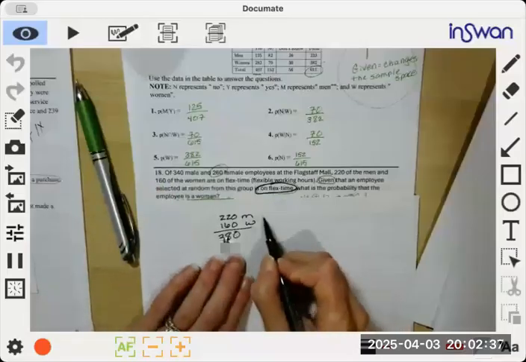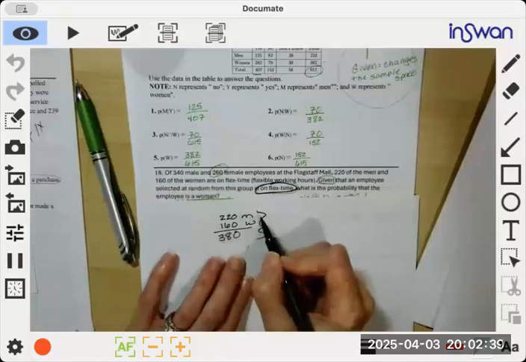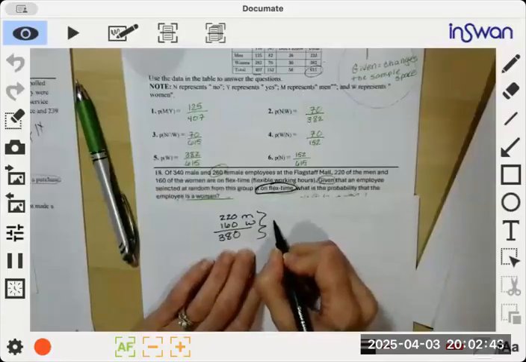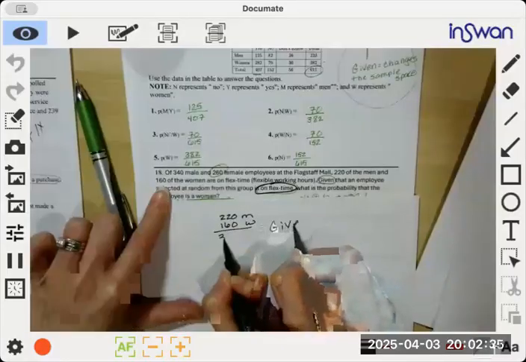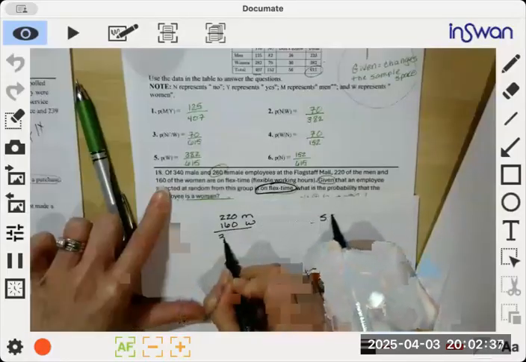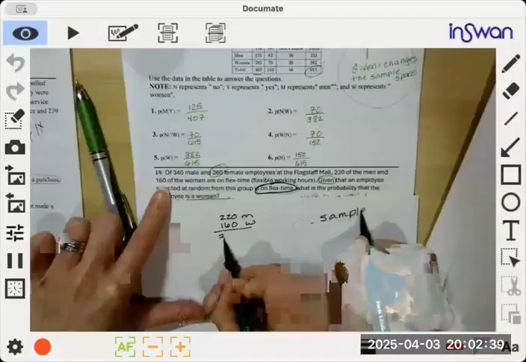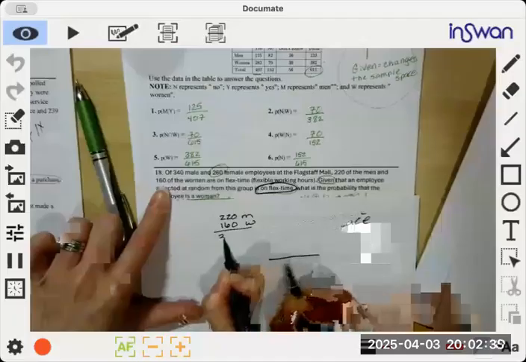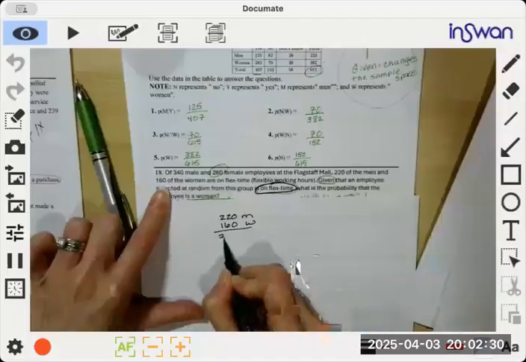So this is our sample space. Given that the employee selected at random is on flex, this is our given, which equals our sample space. So that's the denominator.